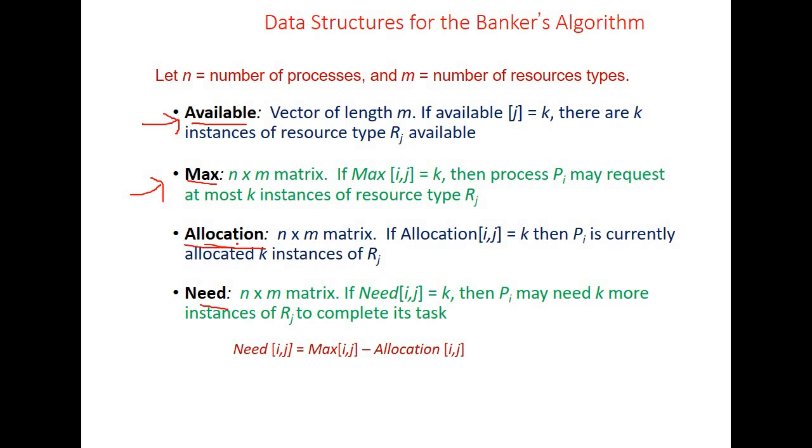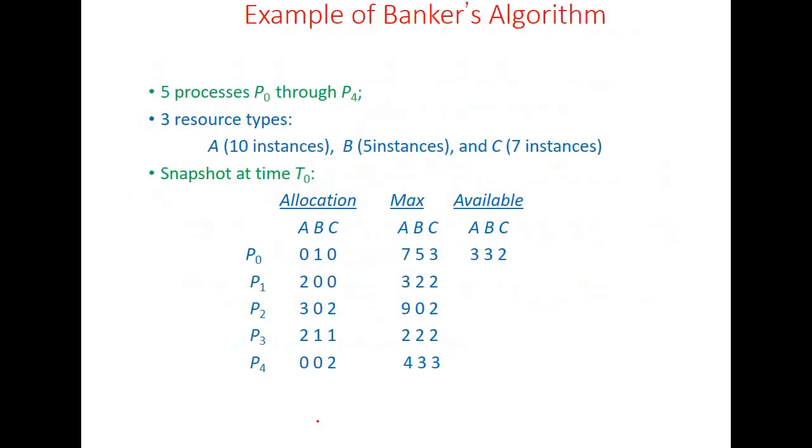Then allocation is a matrix. It is going to represent what resources are allocated to processes. Need is a matrix. It is going to keep track of the remaining resources needed by each process to complete its task.